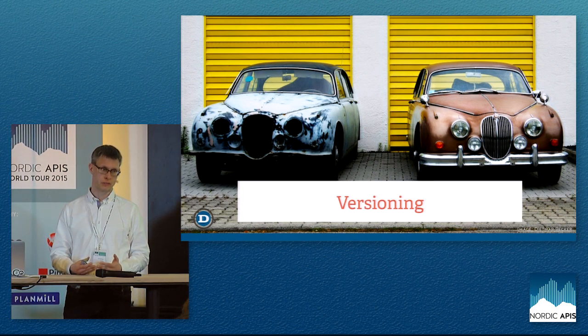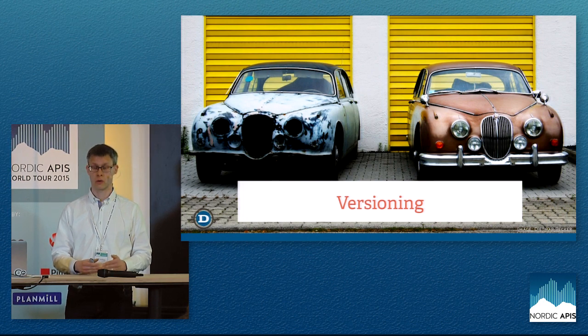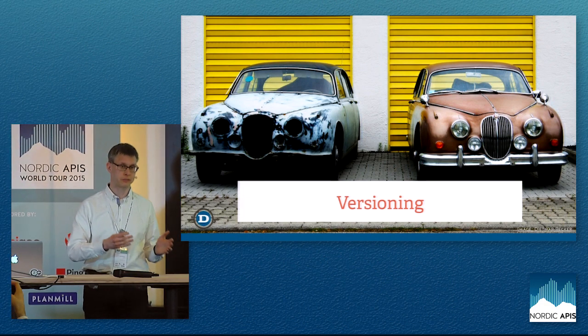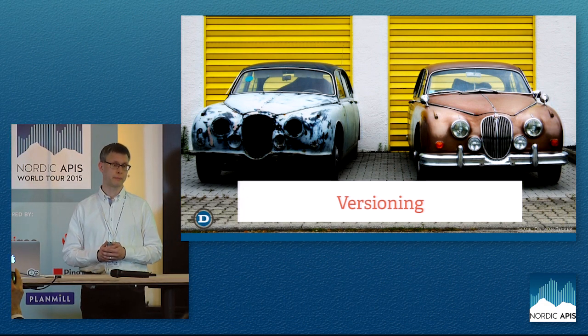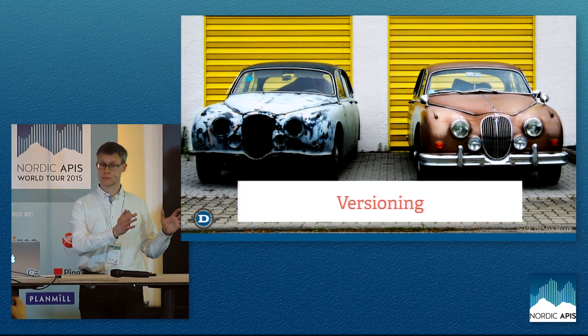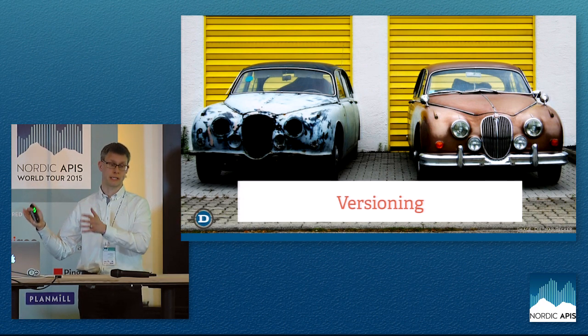And that's what versioning is all about. That's what YouTube did going from version 2 to version 3. You can have versions on the whole API or on individual operations or individual parts of your API. It's all up to you. But somehow you need to be able to tell users that this thing will stop working sooner or later and you should use this instead.